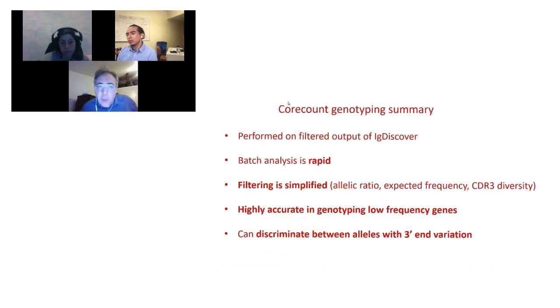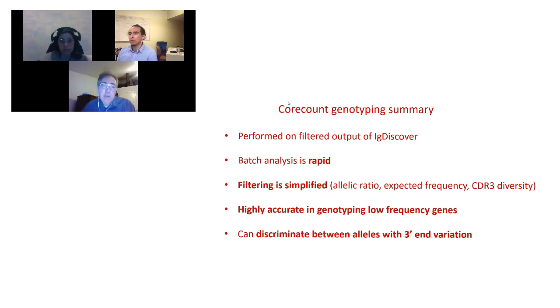So just a quick summary of this, the core count genotyping is performed on the filtered output of IG Discover. Batch analysis is extremely rapid. We can do approximately 200 genotypes in less than 2 hours. Filtering is simplified. We use an allelic ratio, expected frequency for the genes and alleles, and a CD4 diversity filter.